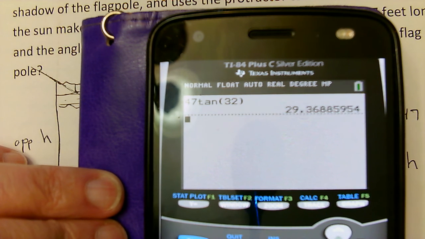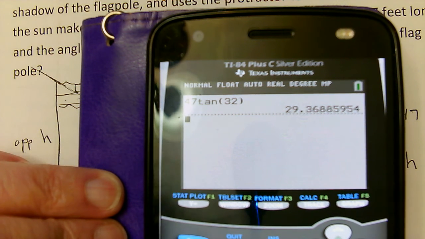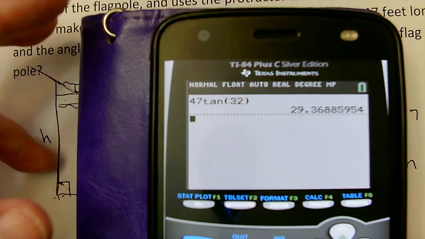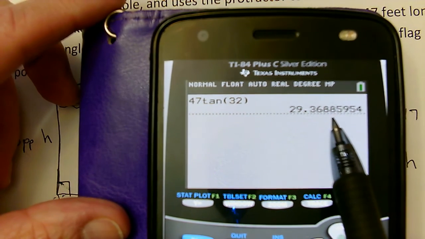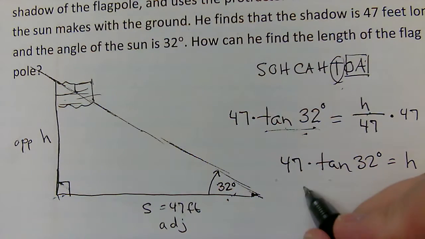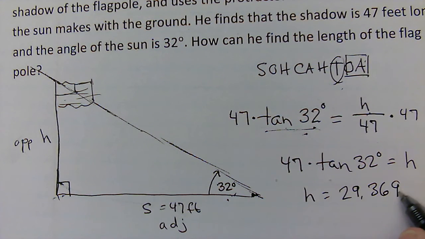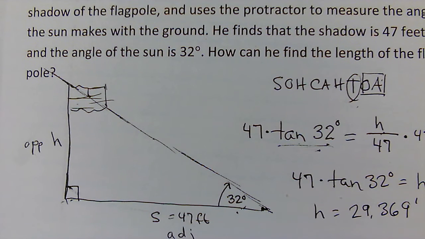And I get 29.369. That would be rounded to 3 decimal places because the 8 in the 4th place would make the 9 round up. So H is 29.369 feet. So the height of the flagpole is 29.369 feet.